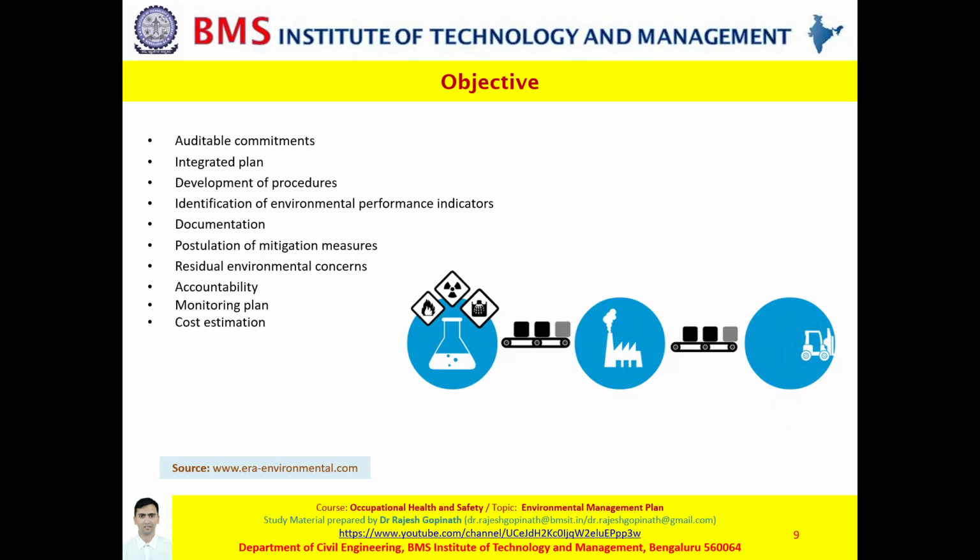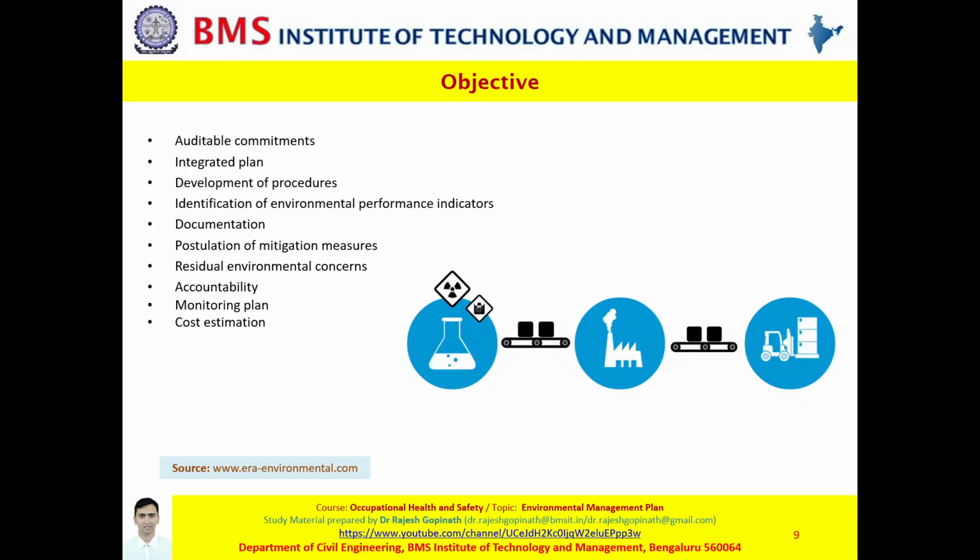the project may have. Please understand, when you have a very good EMP, it is easy to convince the society around you. It is easy to convince the workers who are employed under you about the safety, about the environment, and the feasibility of your project. Only if you draft an environmental management plan, we will actually get to know what are the attributes which are going to be impacted.